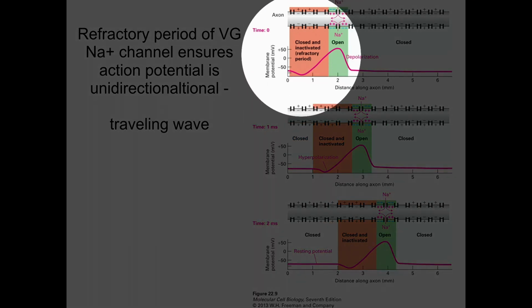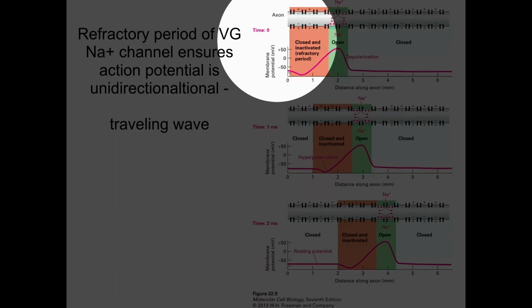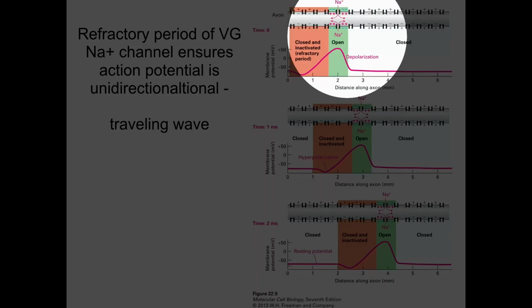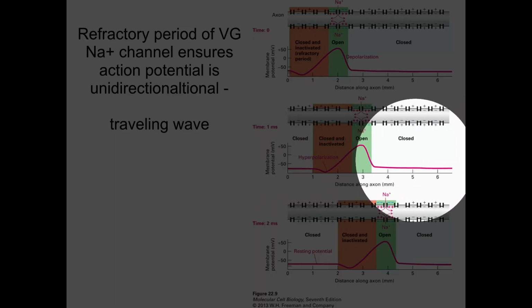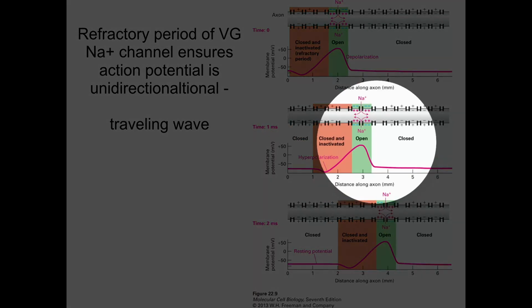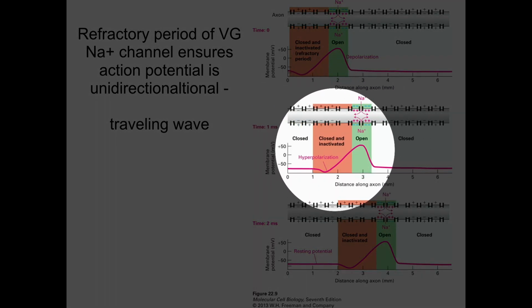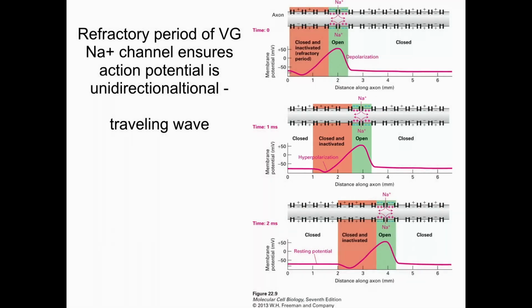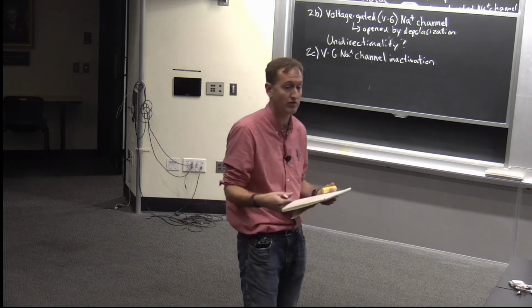So because they're inactivated here, there won't be further depolarization going to the left, but depolarization will have to move to the right. And you basically get this traveling wave, and it goes one direction because if it came from somewhere, which it always does, then where it just was coming from, all those voltage-gated sodium channels are going to be closed. Okay, so this allows it to move in a single direction along the neuron.